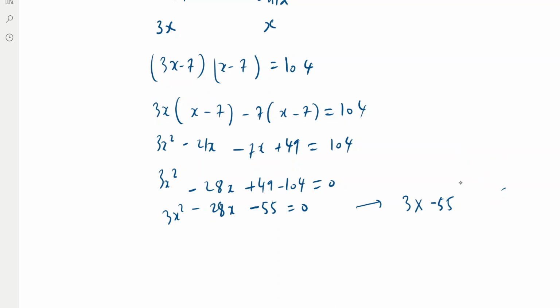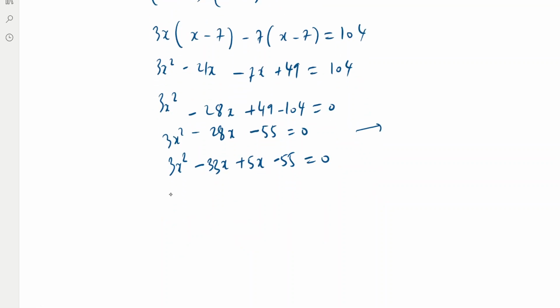So the way we are going to split the middle term, actually we'll be saying that 3x squared minus 33x plus 5x minus 55 equals 0.